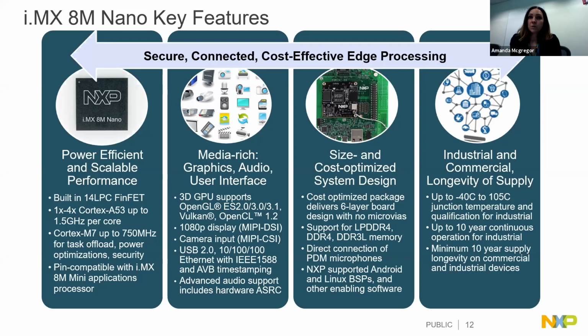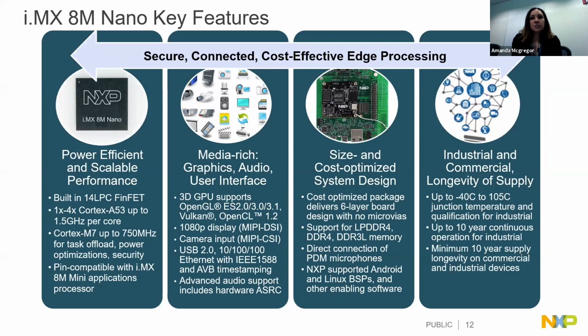So if you're wanting to do some vision applications, we have the MIPI CSI available, which again, the industry trend is moving away from parallel camera interfaces towards MIPI CSI. We have a USB 2 high-speed interface. We have 10/100 Ethernet with timestamping and then advanced audio support as well.